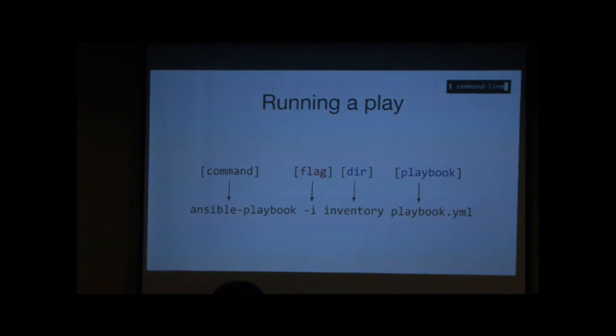Okay, so now actually running a play. As mentioned earlier in the Hello World example, we've got the command, which is ansible-playbook. The flag that we're setting there is -i, which says we want to use an inventory. The inventory in this case is the directory that we've named inventory, and then the playbook, which we've decided to call playbook.yaml, but you could call it website.yaml, router.yaml, whatever makes sense.